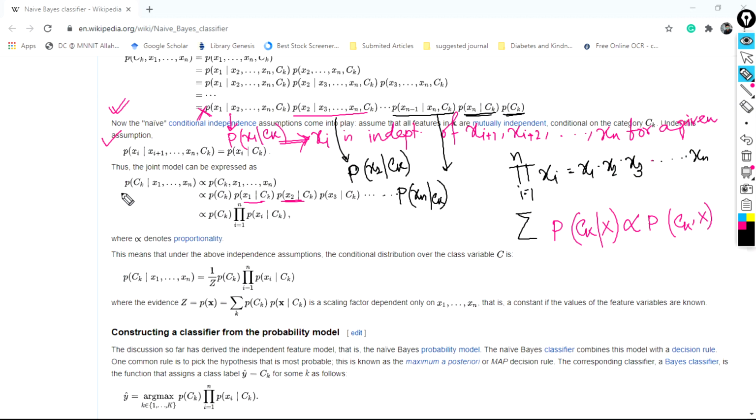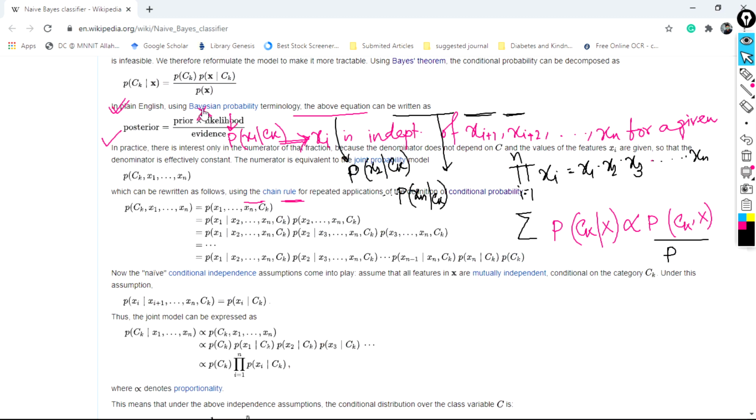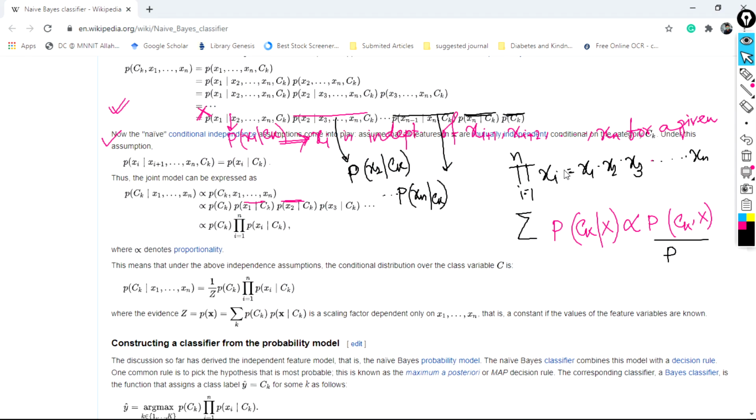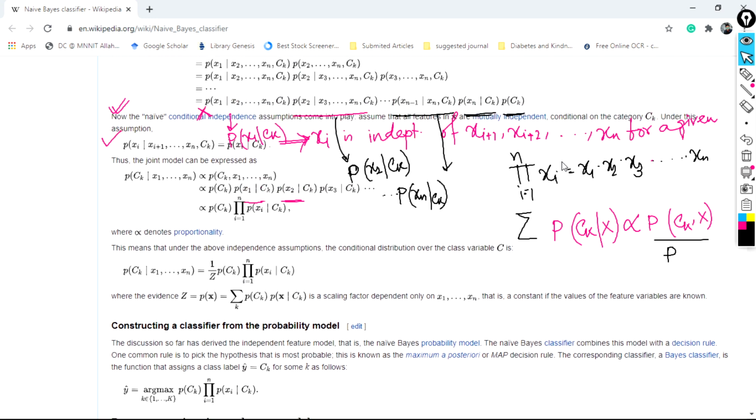Now the calculation of this term is simple. This is proportional because we are avoiding the denominator term. So what is the denominator term here? The denominator is the probability of x.